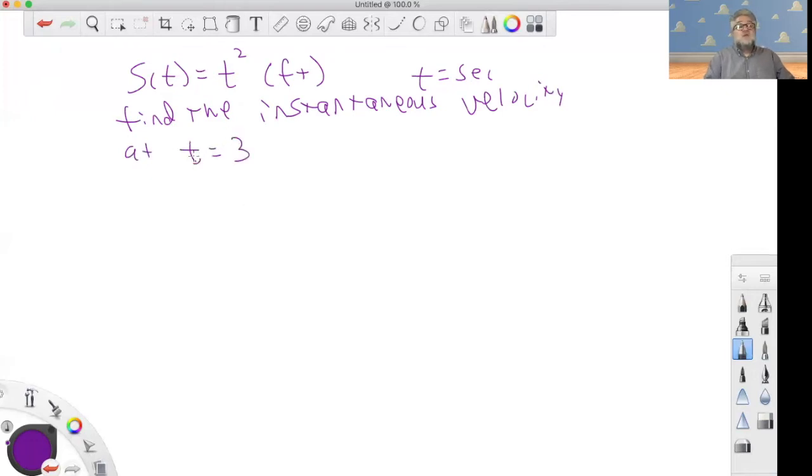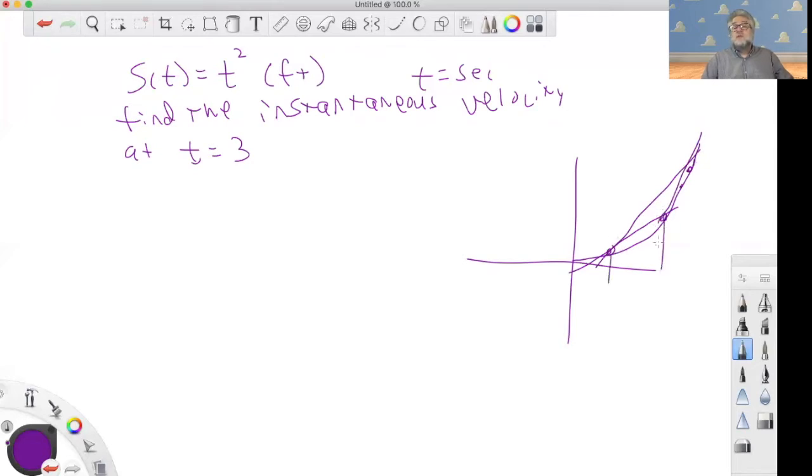Well, instantaneous is a new word. So far we've done, right, I had my curve and we did 2 points and we got the slope of the line between them, and the closer the points were together, the better the calculation was. But all we were doing was finding the slope between 2 points.